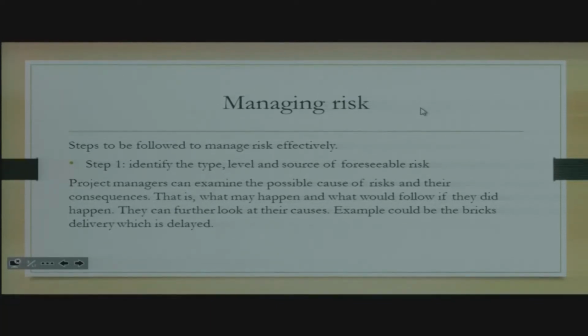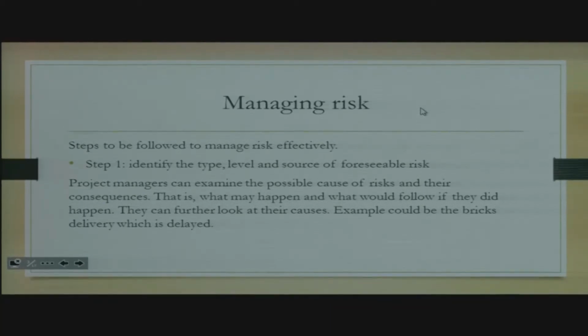Then they say here, a project manager can examine the possible cause of a risk and their consequences, that is, what may happen and what would follow if they did happen. They can further look at their causes. An example could be the bricks that are delivered late, or rather the delivery that is delayed.